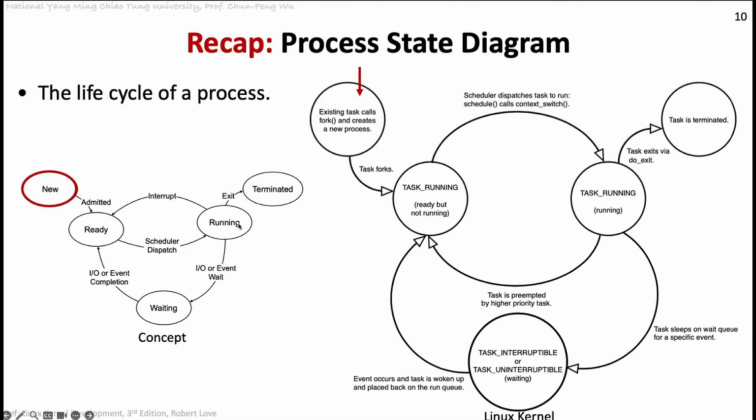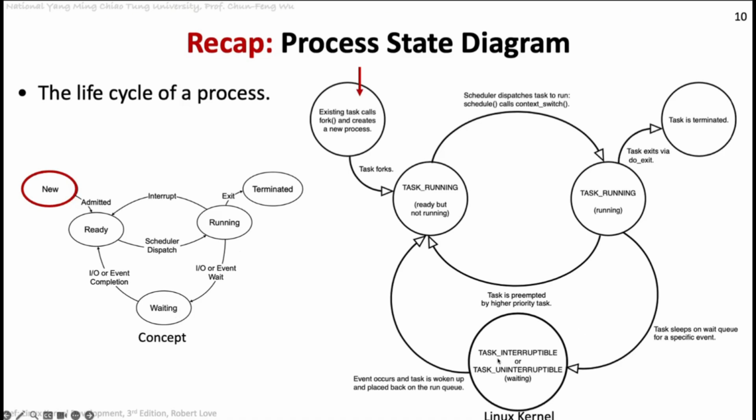Another case is I/O or event wait. One very obvious example is when this process needs some data from a storage device. In this case, the CPU will switch the process to the waiting queue. In the waiting queue, the process is waiting for the I/O completion, because it is waiting for the data in the storage device.